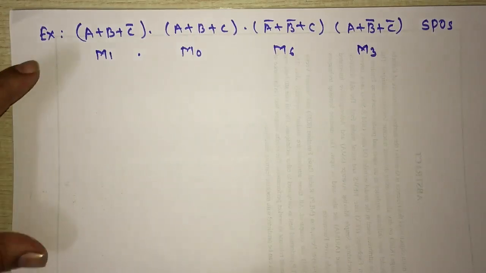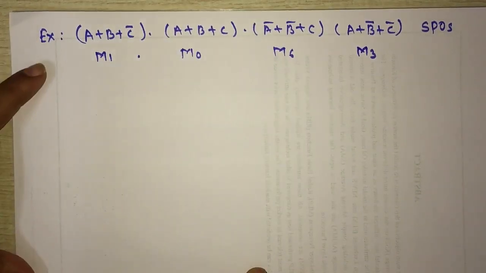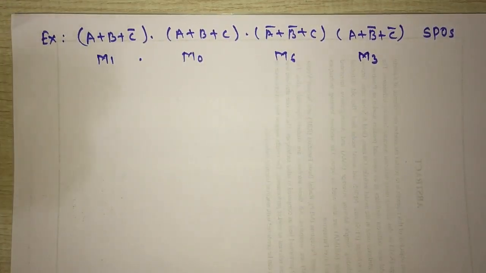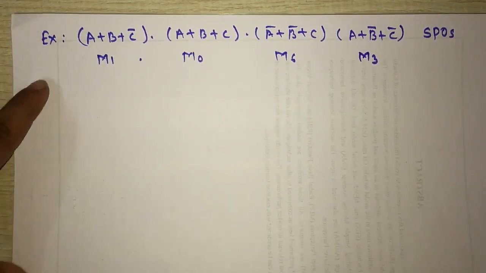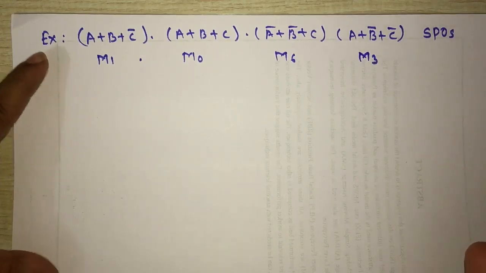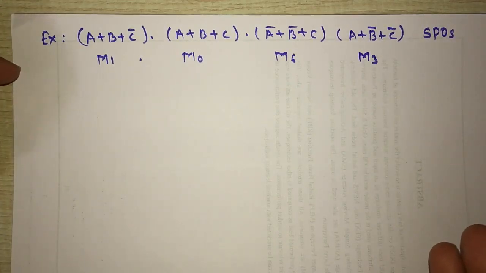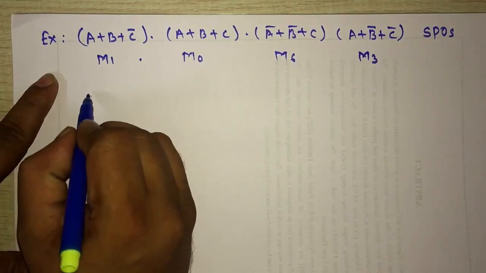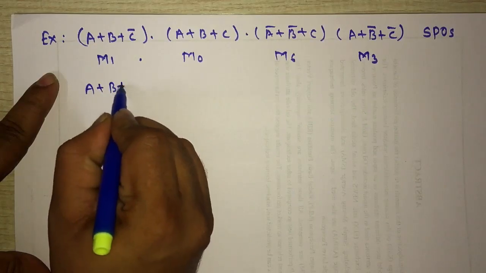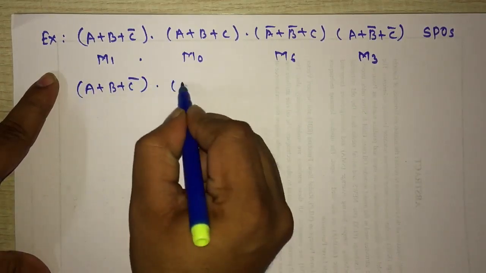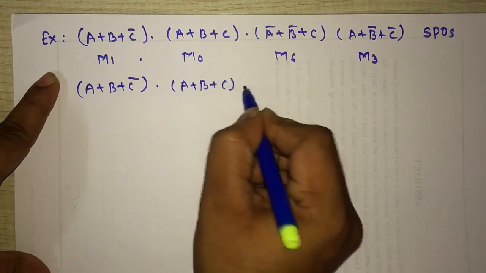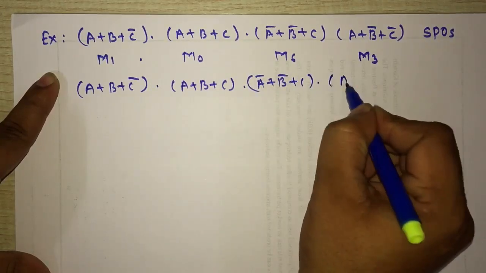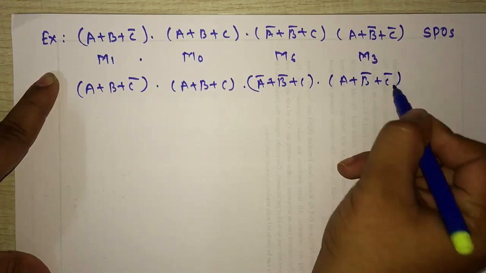Now we can also write these terms by converting them into binary form, and the procedure that we saw for the min term equation we can follow here also. Suppose the equation is (a plus b plus c bar) into (a plus b plus c) into (a bar plus b bar plus c) into (a plus b bar plus c bar).